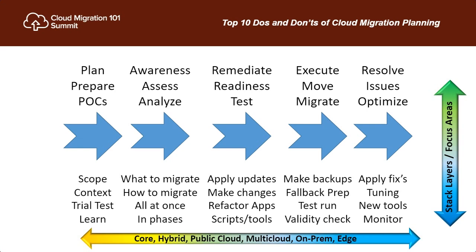Start the optimization phase, applying additional fixes, doing tuning, from a performance, from an availability, reliability, a service standpoint, but also from a cost standpoint and monitoring. And then if you're doing everything in one flow, well, you might be at your endpoint. But often that just simply takes you back somewhere else in this process step, where now it's time to start again with the next phase.